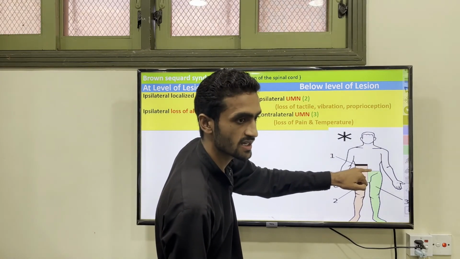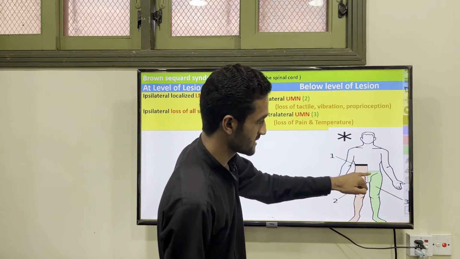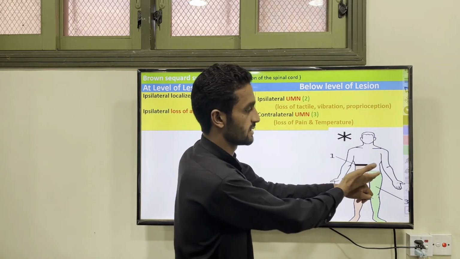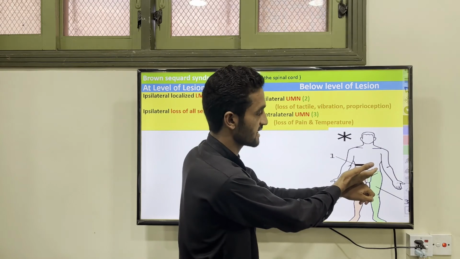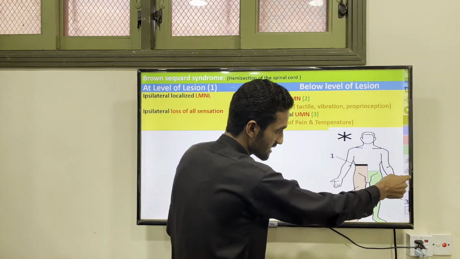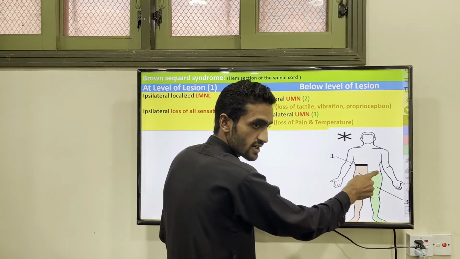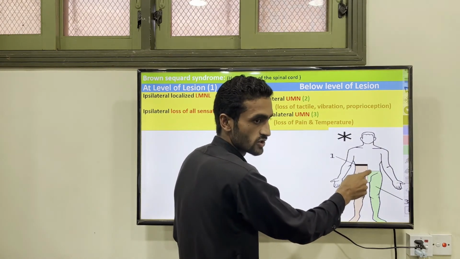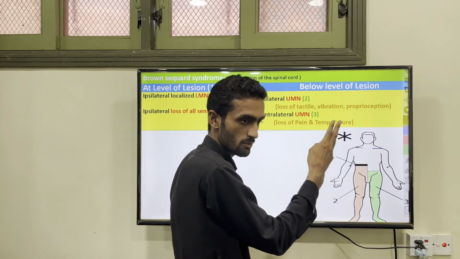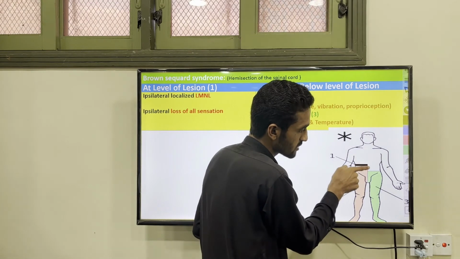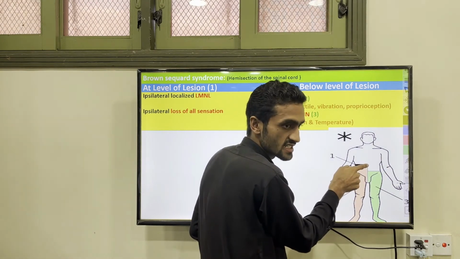One or two segments here. The pain fibers and motor neurons cross at this level. They do not cross at that level; they move one or two segments above.